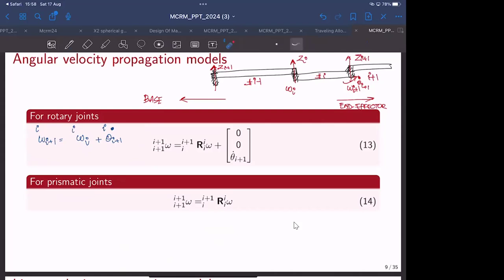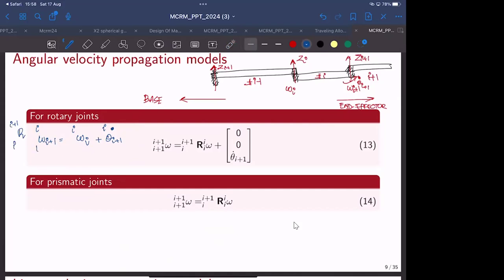But for the sake of propagation, we want this right-hand side to be represented with respect to its own frame of reference, right? So that it can be easily propagated from the 0th link all the way to the I plus 1th link. So if I wanted to convert this left-hand side to be with respect to the I plus 1th frame, you need to multiply that with this rotation matrix of I plus 1 with respect to I.